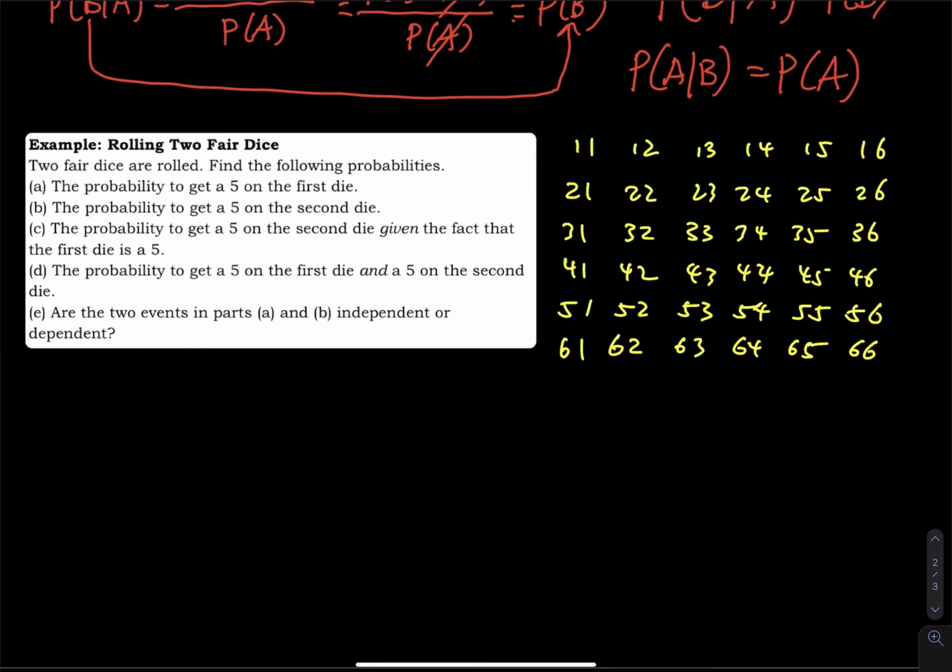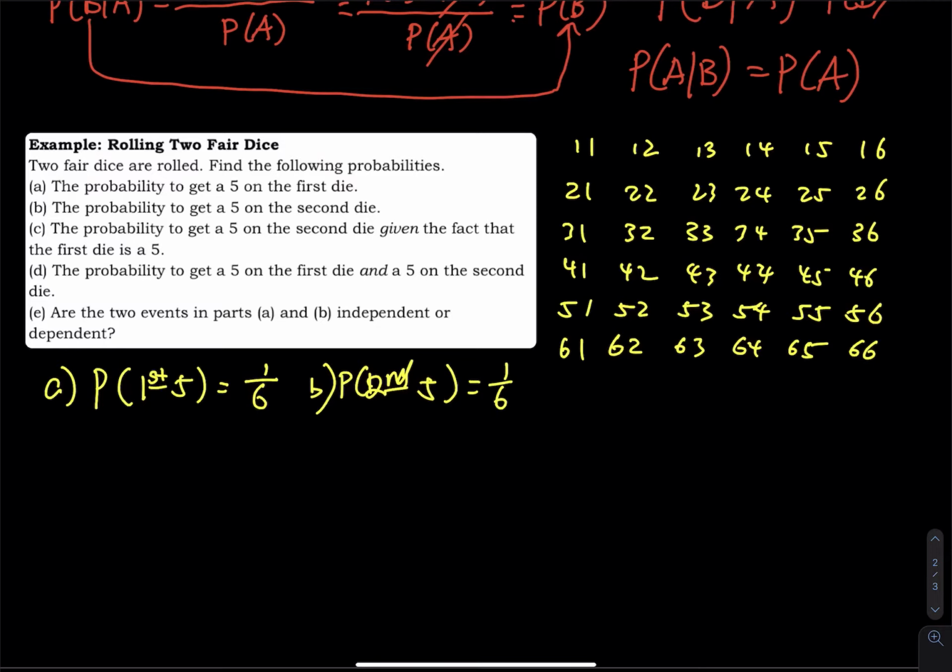A is the probability the first die is a 5. You roll the first die, you get a 5, so there are 6 faces. 5 is one of the 6 faces, so that will be 1 out of 6. If you consider the second die only, the probability of a 5, that is part B, that is also 1 out of 6 if you consider each die individually.